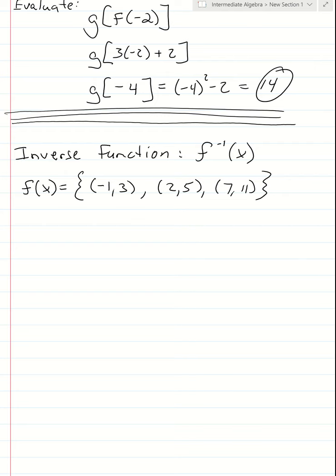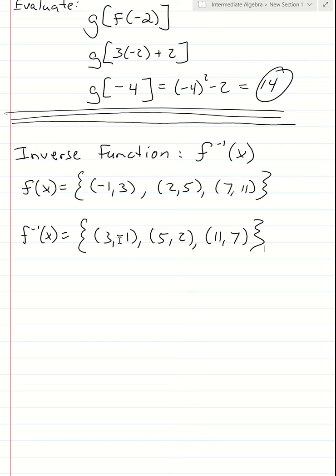Well, if I was to ask you for the inverse function, okay, it's simple enough. The inverse function would look something like this: (3, -1), (5, 2), (11, 7). This set of ordered pairs, the original set, is the actual function.